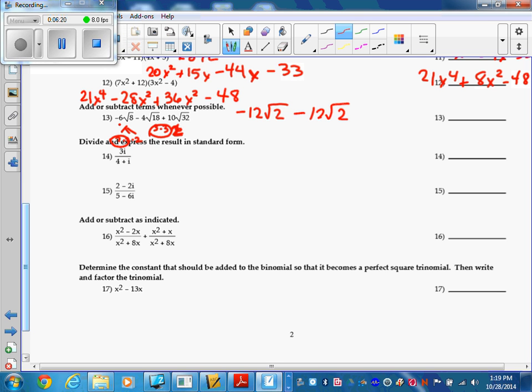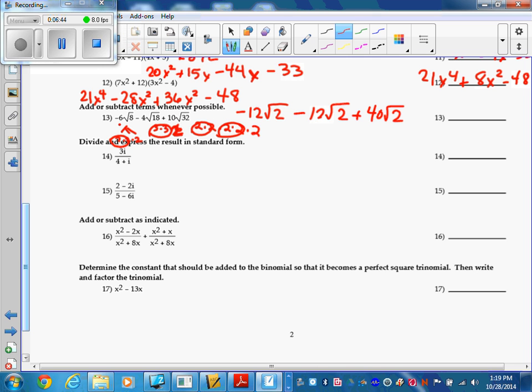And finally, 32 is 2 times 2 times 2 times 2 times 2. It's 5 2's. So you have a pair of 2's, a pair of 2's. So 2 times 2 is 4 times the 10 gives me 40. So that's plus 40 square roots of 2.